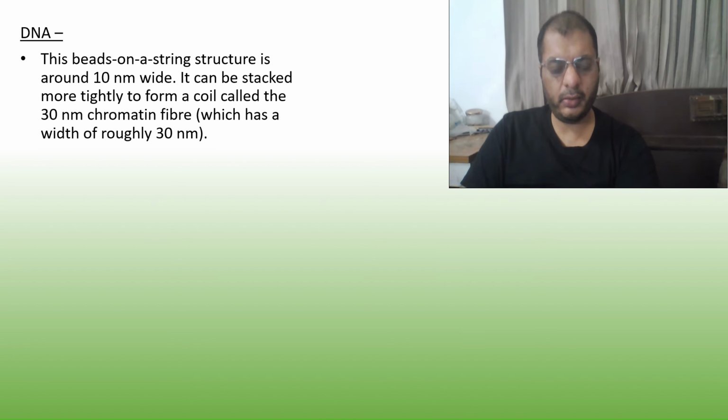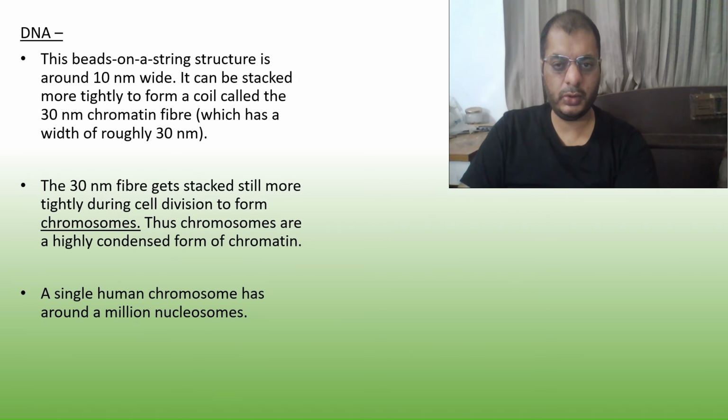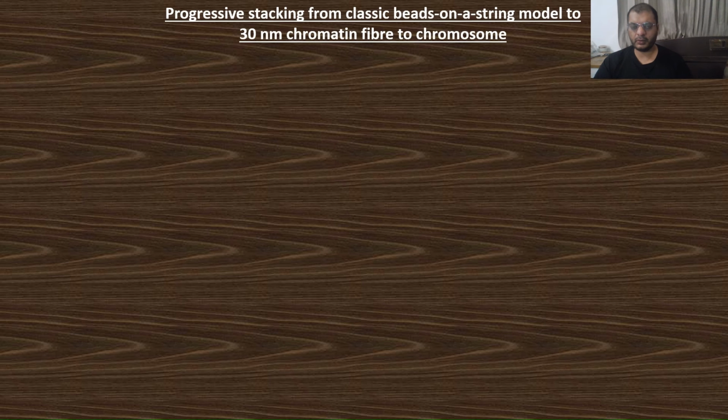And during cell division, this 30 nanometer fiber gets stacked upon itself even more tightly to form chromosomes. So chromosomes are a highly condensed form of chromatin fiber which appear during cell division. And a single human chromosome has around 1 million nucleosomes. So here is a series of diagrams that show the progressive stacking of genetic material, that is DNA, inside the eukaryotic cells.